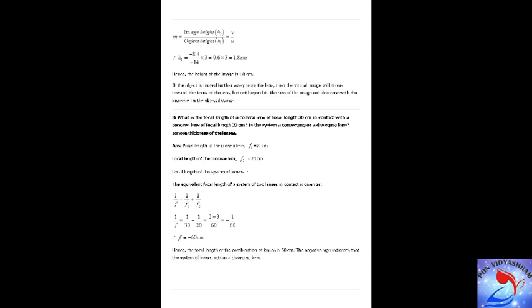When we substitute the values, image distance is minus 8.4, object distance is minus 14 and height of the object is 3. We'll get 1.8 centimeter. So that is the height of the image.